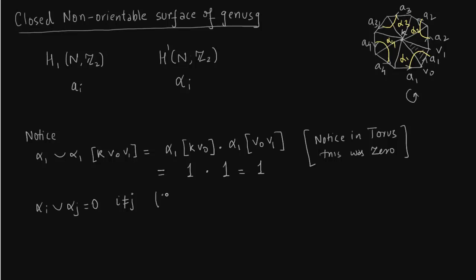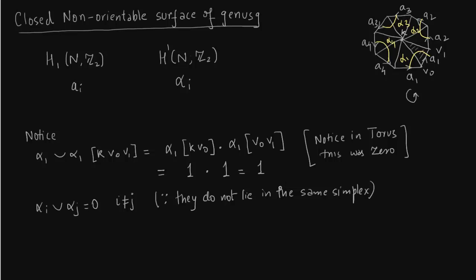But you notice that alpha 1 cup with alpha 2, or alpha 1 cup with alpha 4 or alpha 3, is 0 precisely because alpha 1 and alpha 3 do not meet, and alpha 1 and alpha 2 do not meet. So they do not even lie in the same simplex. One of the co-cycles, when it acts on this simplex, will give 0, and 0 times 1 will give you 0. That is precisely the reason.